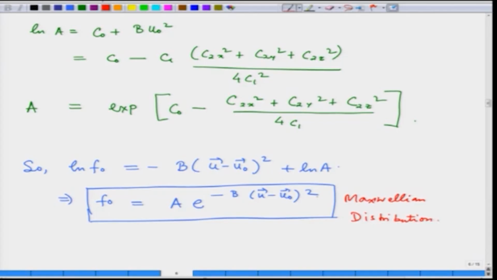But our assumption was that only the number, the kinetic energy and the three components of linear momenta are conserved in binary elastic collision, and f0 is a function of u only. Okay. So, here you can see that f0 basically obeys this type of distribution where a and b, these two are constants, and u0 is also a constant.